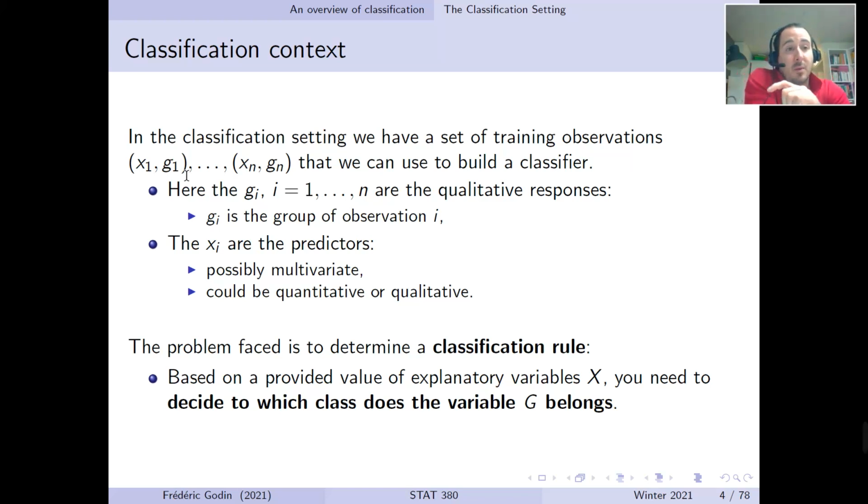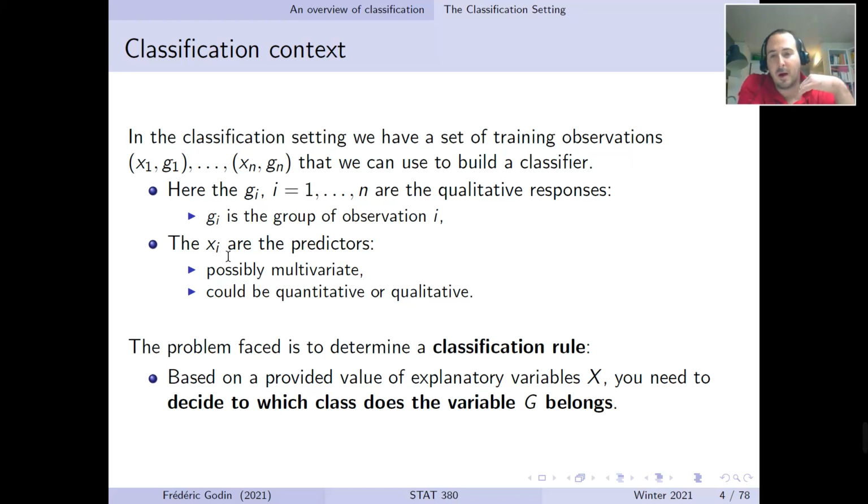We said we use the letter Y when it's numerical or quantitative, but when it's qualitative, instead we're going to use the letter G, and G stands for group. So gi here is the response for the ith observation, which is qualitative. And here xi is the predictors, which can be a vector. So xi can have many components if you have many predictors in your problem.